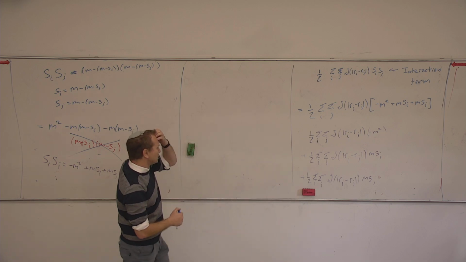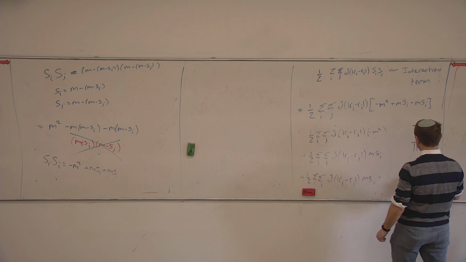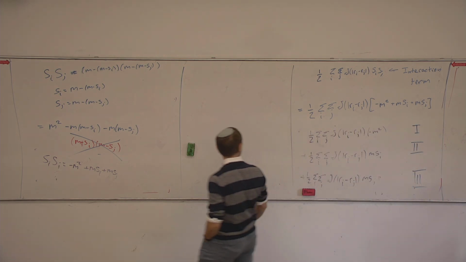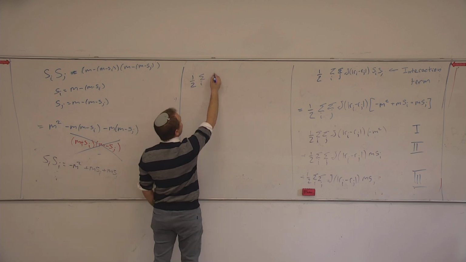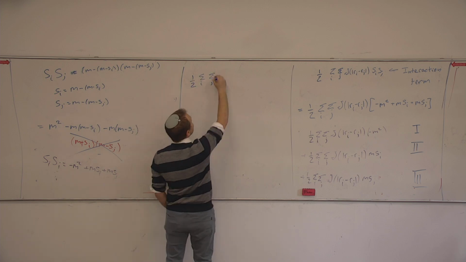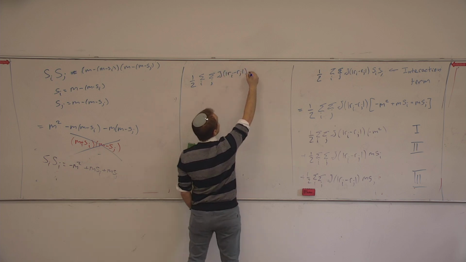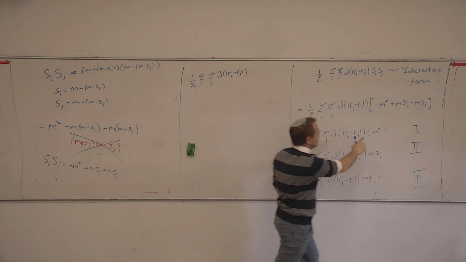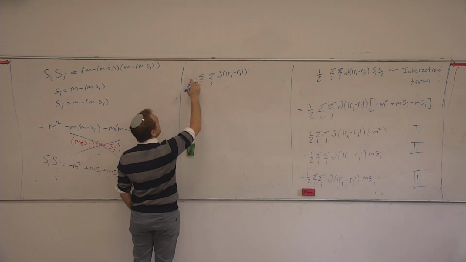Okay. So we're looking at this part. This is 1, this is 2, and this is 3. So 1/2 a summation over I, summation over j, J of Ri minus Rj, and I can take this m squared, minus m squared, out of all the summation because it's a constant.